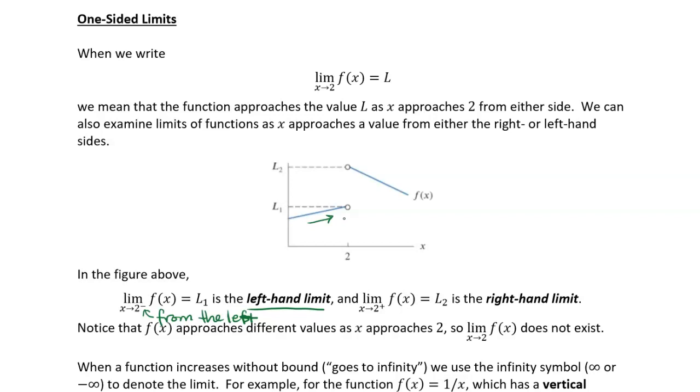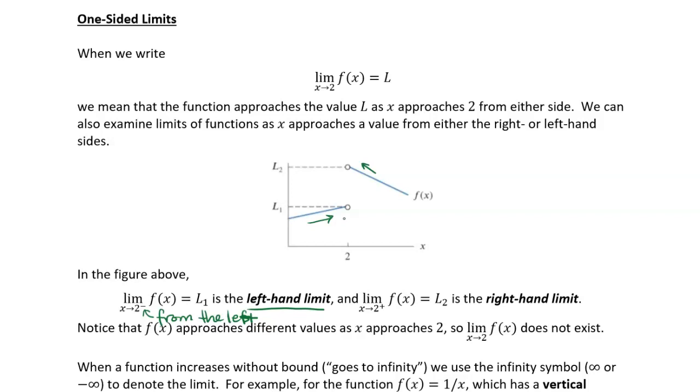Now if we approach 2 from the other side, from values that are greater than 2, to the right of 2, we have a right-hand limit. We have a similar notation for that as well.